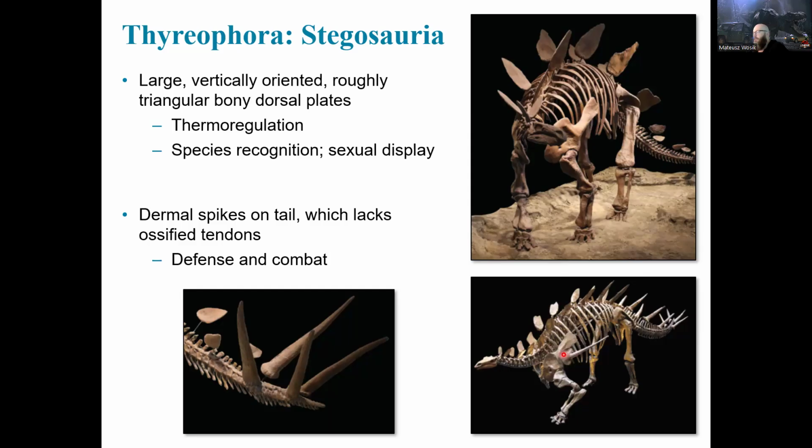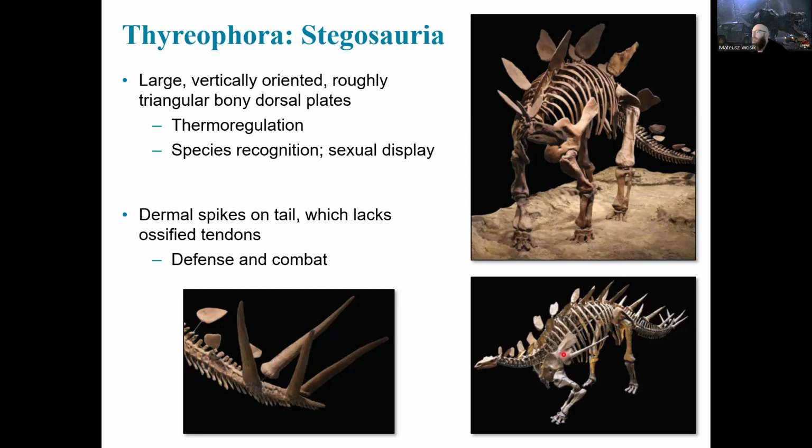So what were these plates useful for? We're not 100% sure, but we have a pretty good idea based on modern organisms, is that they could have been used for thermal regulation, because we do understand that there was some blood vessel matrices and canals found in these. So therefore, there might be an aspect of thermoregulation.